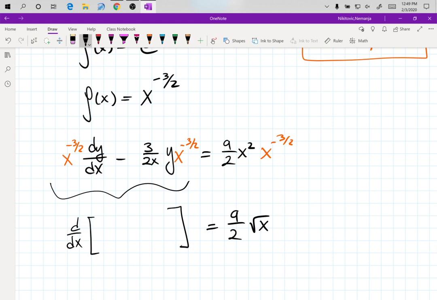Now, remember, I always told you there's always going to be a y from this one, and the other function here should be this one, because when you take its derivative, it will give this. Or it would be root x, wouldn't it?